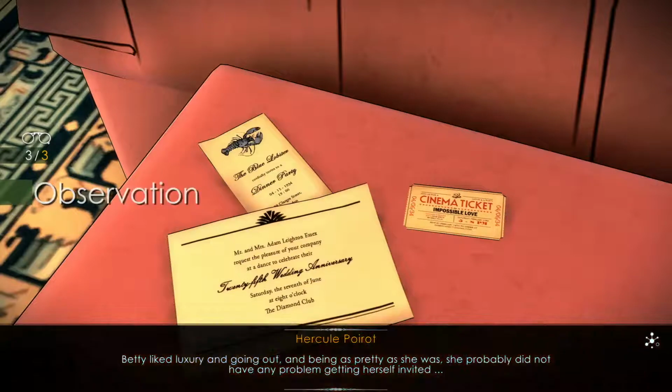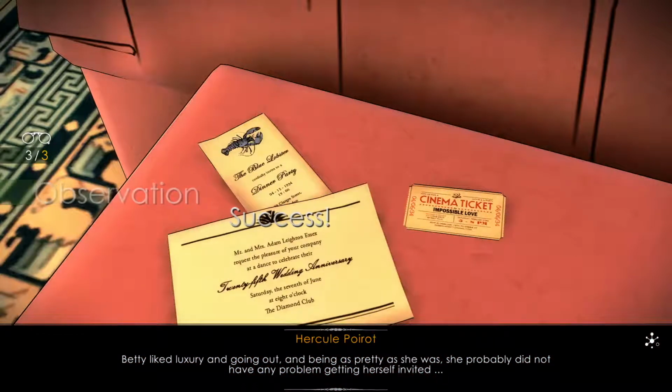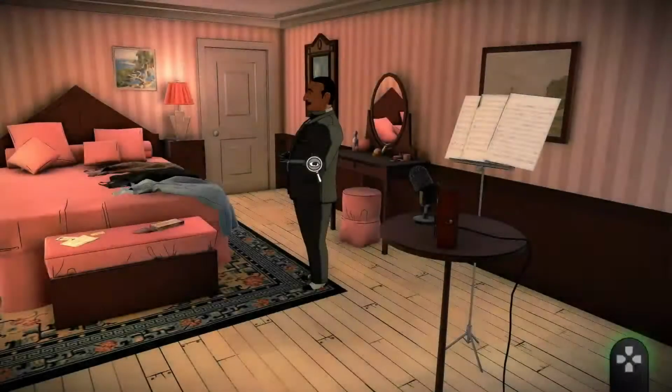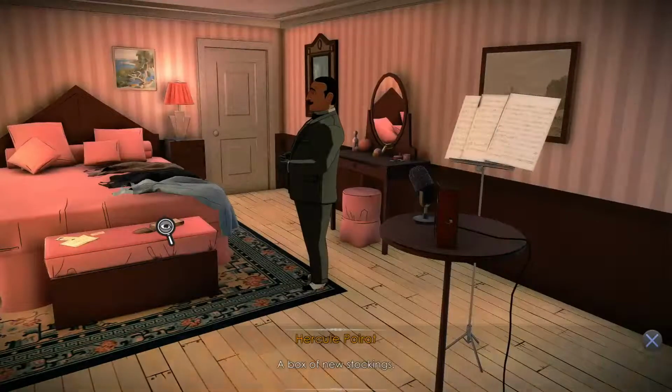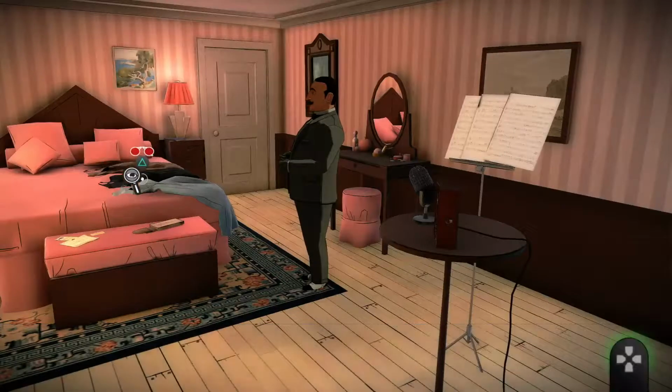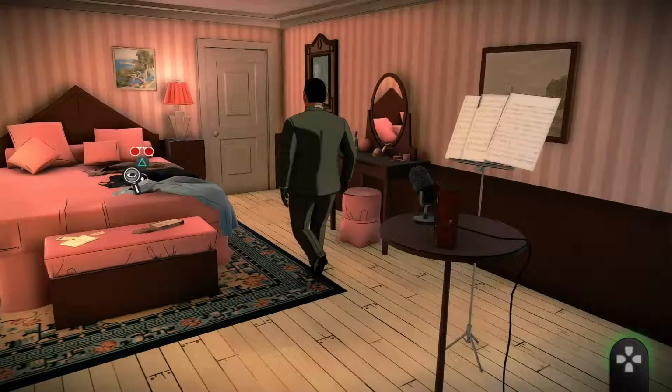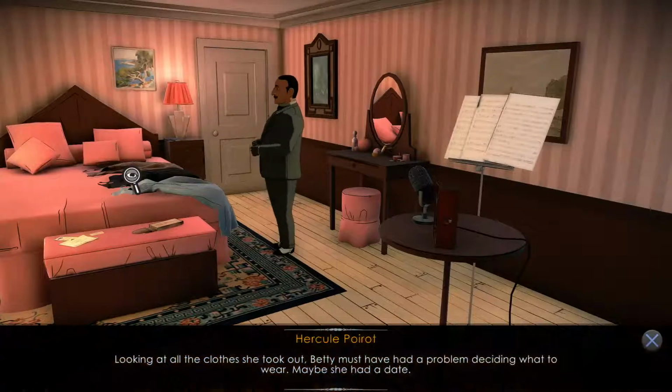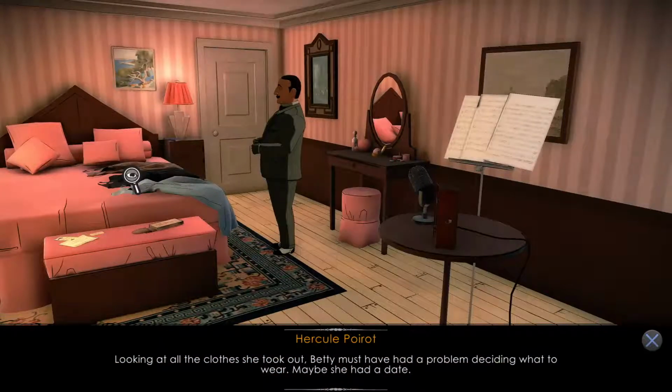Betty liked luxury and going out. And being as pretty as she was, she probably did not have any problem getting herself invited. I'm glad the restaurant isn't called the Blue Waffle. A box of new stockings. Looking at all the clothes she took out, Betty must have had a problem deciding what to wear.